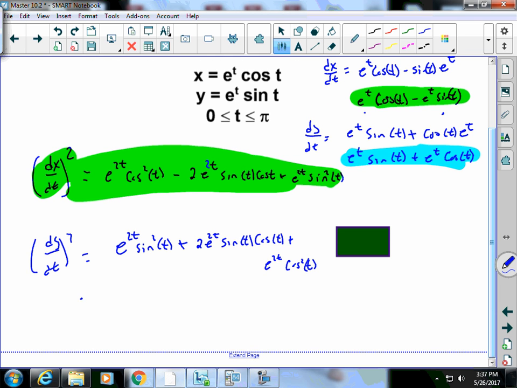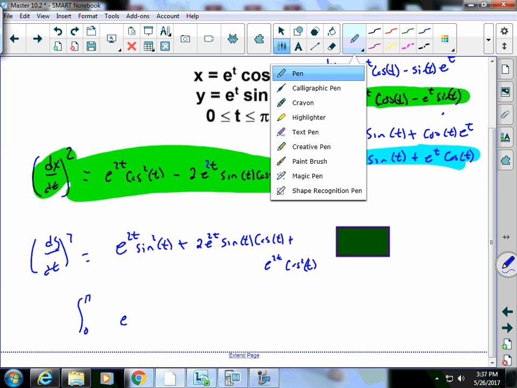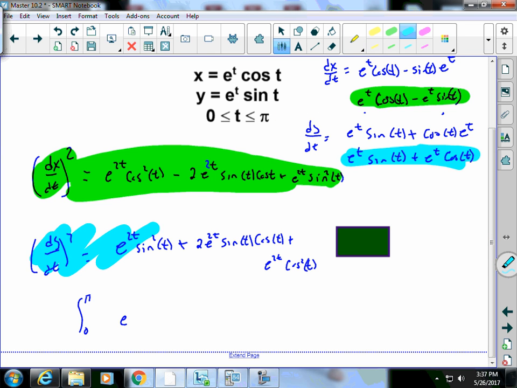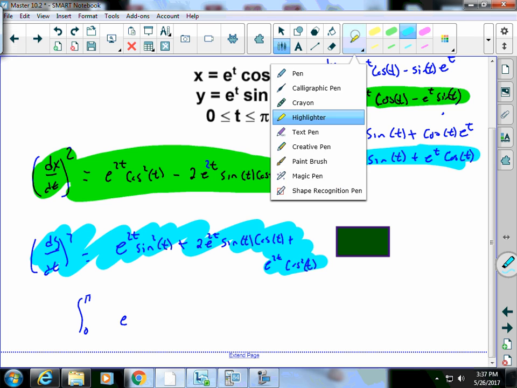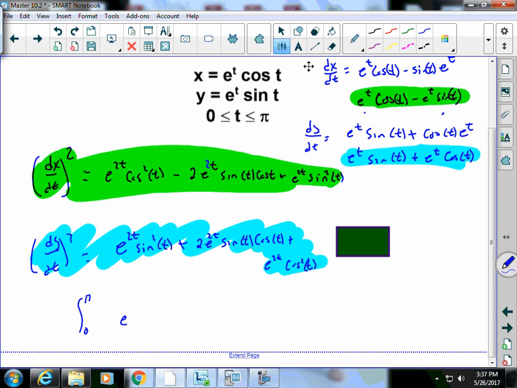Now I want to integrate from 0 to pi. And I need my dx/dt squared. Oh, I didn't change that. I didn't highlight this blue like I wanted to. That's e to the 2t cosine squared t minus 2 e to the 2t sine t cosine t plus e to the 2t sine squared t.